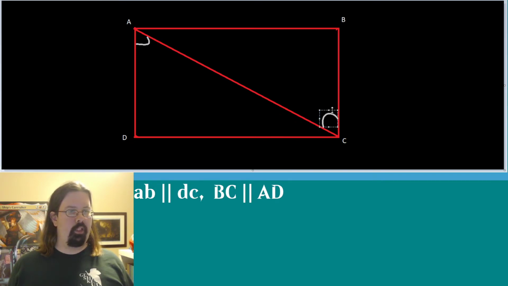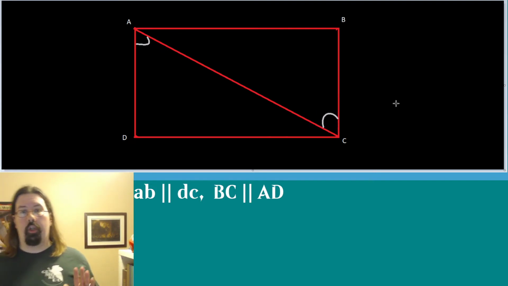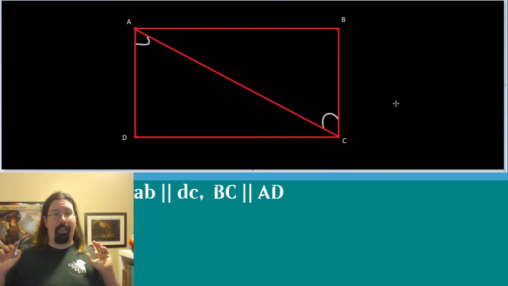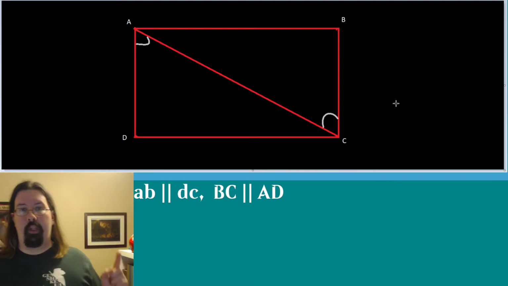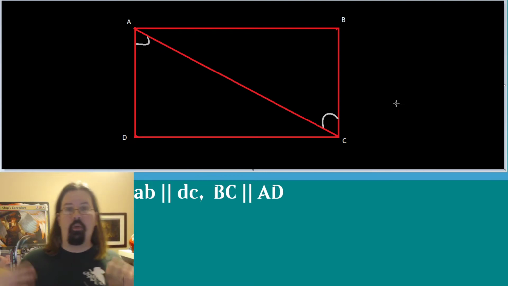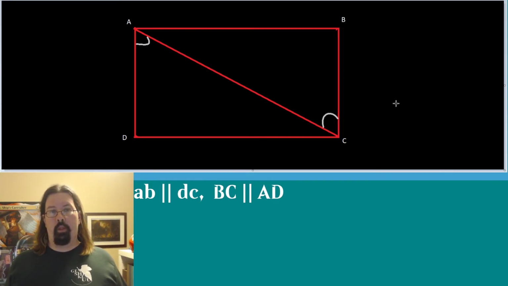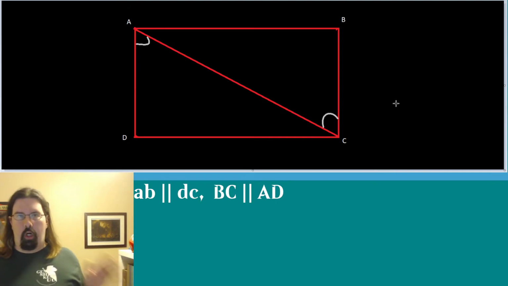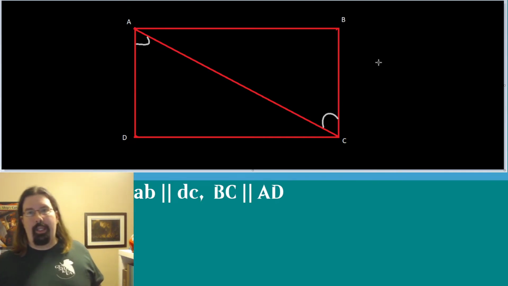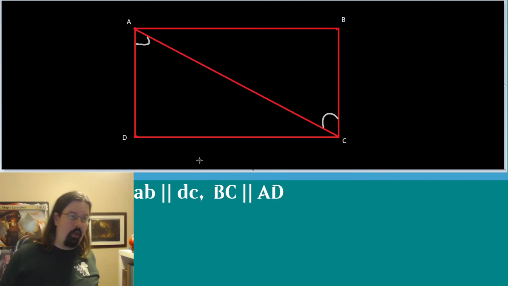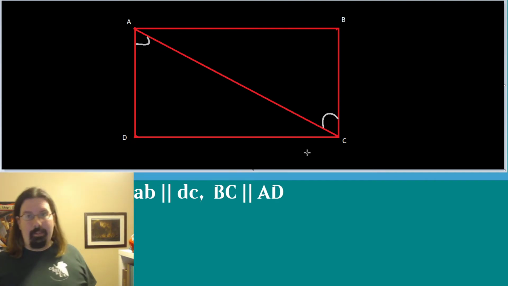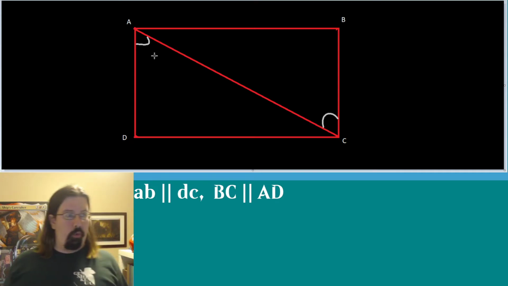And ACB are congruent. We know that those are congruent angles because we have the alternate interior angles theorem. Right? Alternate interior angles are congruent because AB is parallel to DC. So this little line segment we've made is a transversal.